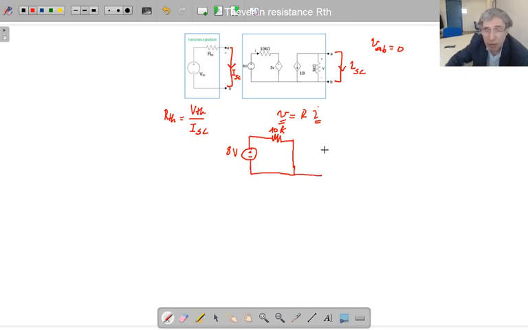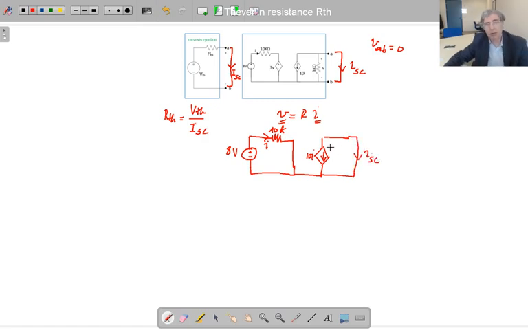Then we've got this dependent current source, of which current depends on this current here, that I here. So we said we are going to remove that resistor, since voltage and current both of them are 0, and then calculate that ISC.